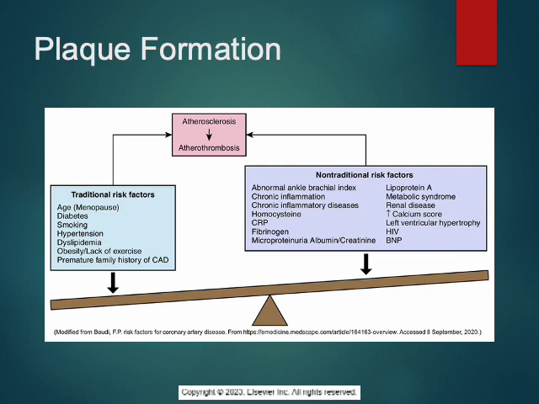You can look at the risk factors for coronary artery disease. This is from your textbook, and you can see the traditional risk factors versus the non-traditional risk factors that lead to atherosclerosis and further atherothrombosis.